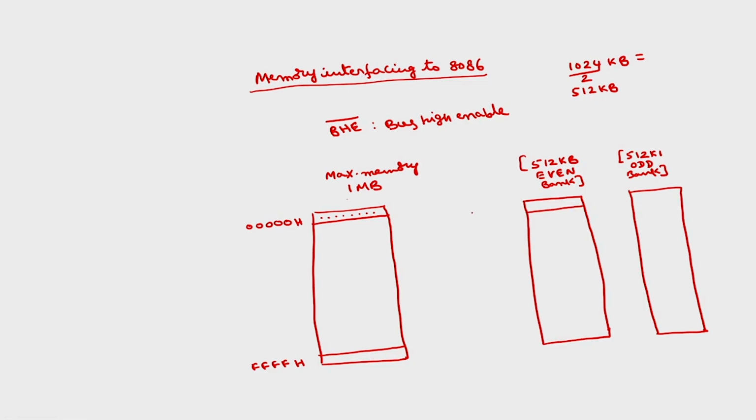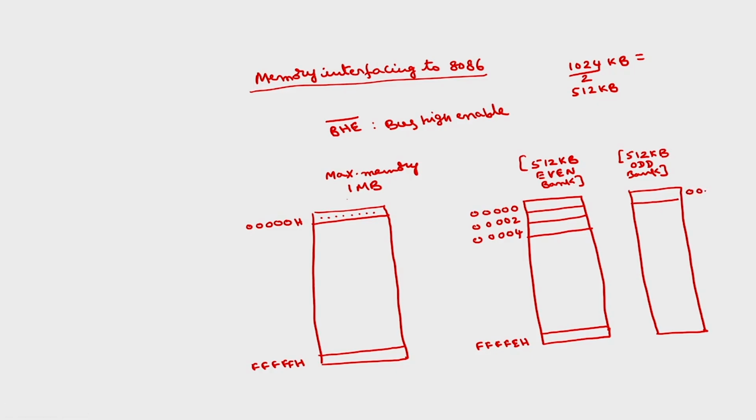The first address itself is an even address, 00000, and then the next address will be 00002, 00004, and so on. What will be the last address? FFFFFH will be an odd address. One above this one, FFFFEH, is the even address. So this will have 512 kilobytes of even addresses, and this will have 512 kilobytes of odd addresses.